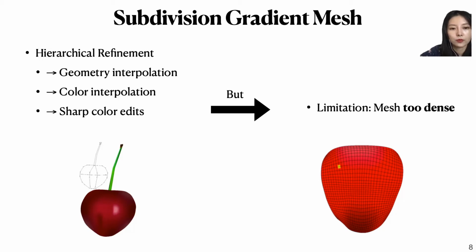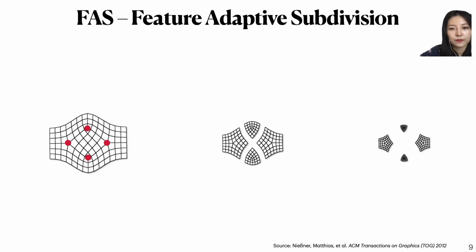So how do we improve on this? We use the idea from FAS, Feature Adaptive Subdivision. Our method is inspired by this computationally efficient method to evaluate the Catmull-Clark limit surface, including boundaries, up to machine precision. The mesh is iteratively subdivided only in the affected vicinity of irregular features, while the regular patches are always directly rendered as bicubic patches.